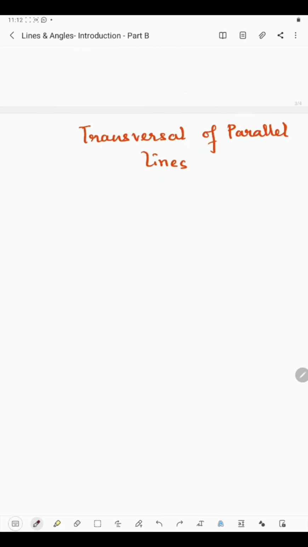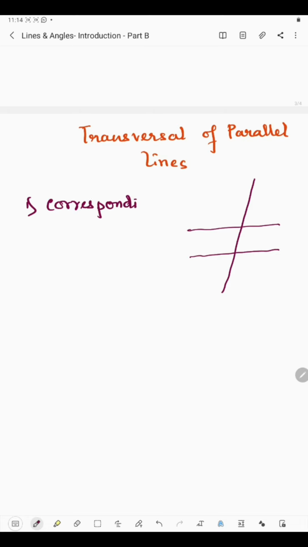Now our last topic is transversal on parallel lines. If the lines are parallel and if a transversal line cuts those parallel lines, then what are the relations between the angles? So at first we have corresponding angles, okay? Which are equal.